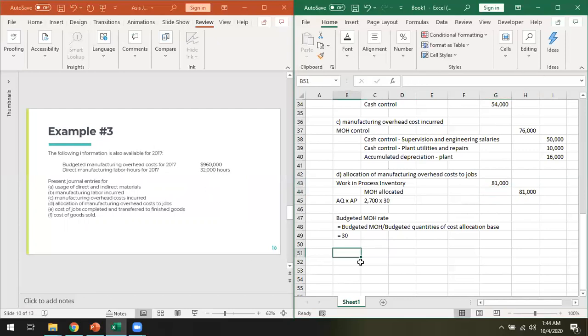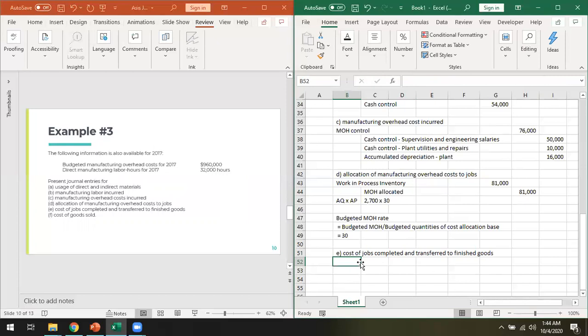That's for D. For E, we have to record the journal entries for cost of jobs completed and transferred to finished goods. So we convert the work in process inventory into finished goods inventory.